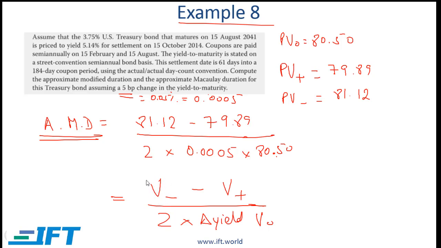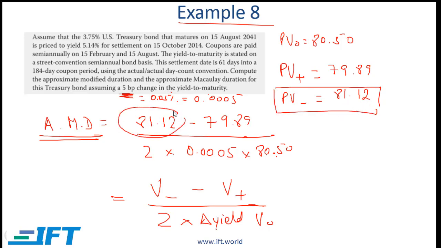I've used V here, which is the value of the bond. V minus is the value of the bond when interest rates go down by a certain amount. And when we do the calculation, and the curriculum shows the calculation, we get 81.12.